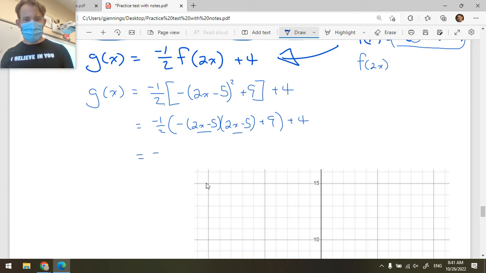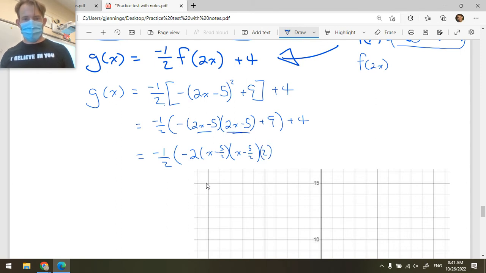This is equal to negative 1/2 multiplied by negative 2 multiplied by x minus 5 over 2 multiplied by x minus 5 over 2 multiplied by 2. I had to take out 2 once and twice.